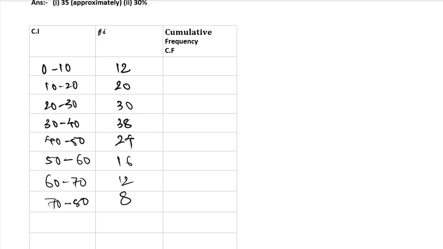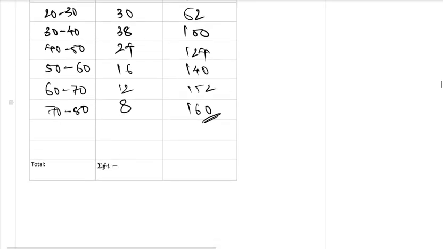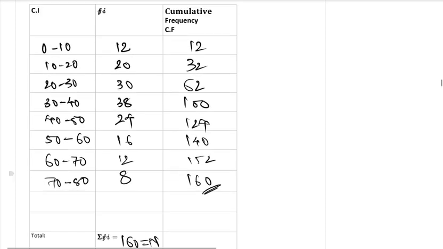Cumulative frequencies right away. 12 plus 20, 32 plus 30, 62 plus 38 will be 100 plus 24, 124 plus 16 will be 140 plus 12, 152 plus 8, 160. Correct. This is confirmation of sigma fi to be 160, which is your n, right?